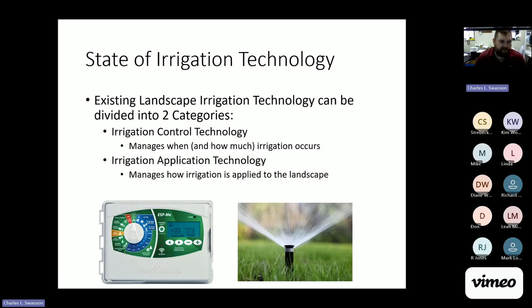And so these pretty much do what they say. Control technologies help us manage when and how much irrigation occurs at a certain time, whereas application technology is going to be how we actually physically apply that water to the landscape. And so another way to look at this is we can compare our controllers to our applicators.